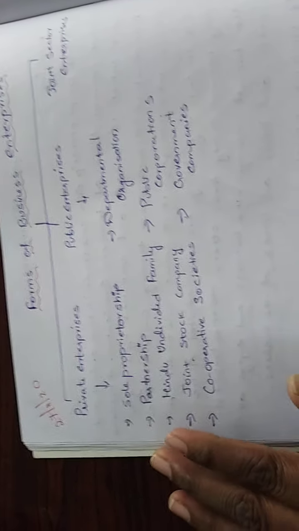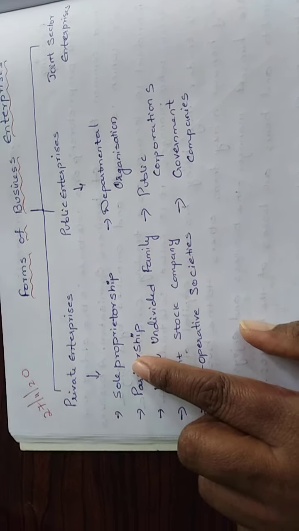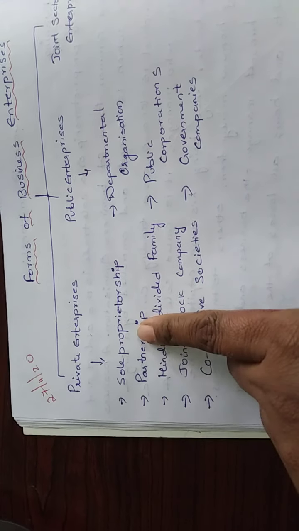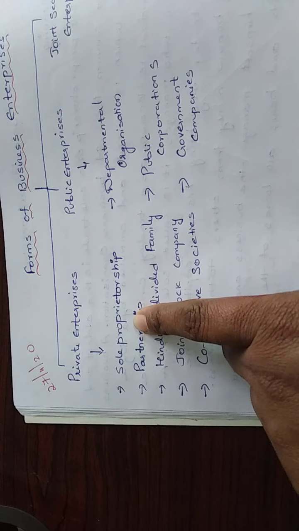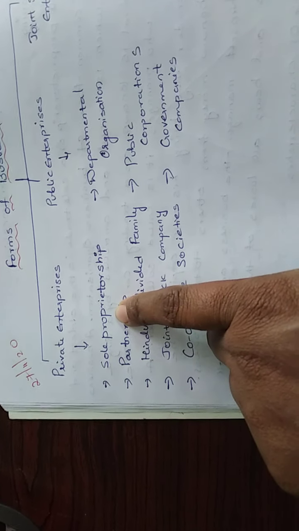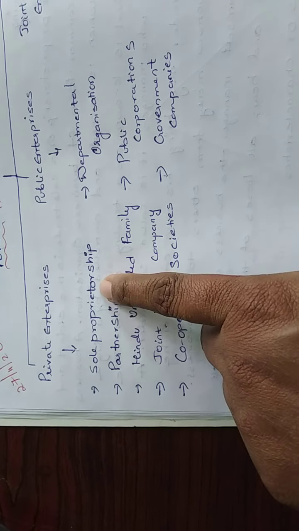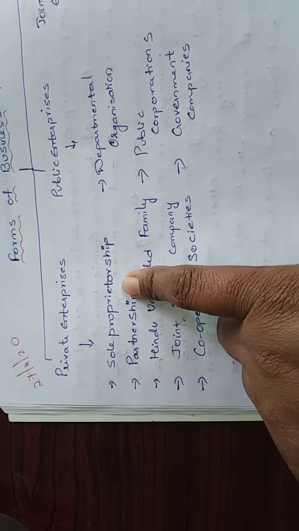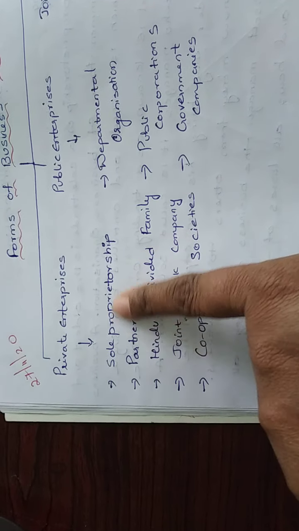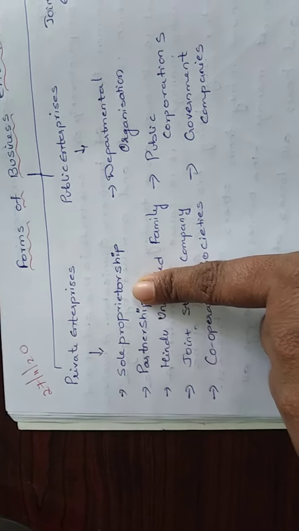First, sole proprietorship: who is called a sole proprietor? Only a single person who is running the business, and whole and sole control is in his hand. That type of business is called a sole proprietorship, a very traditional and old form of business.